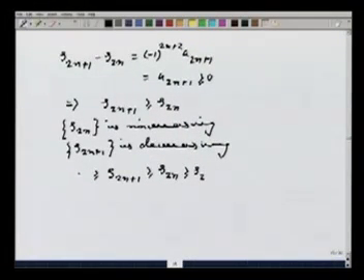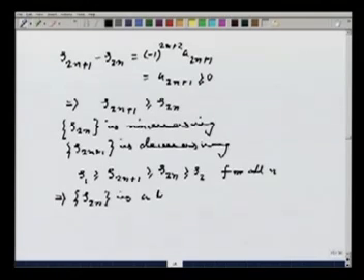On the other hand, if I look at S2n plus 1, that is decreasing. That means all the terms are less than or equal to the first term. So this is less than or equal to the first term, which is S1. And this is true for all n. This implies then that S2n is a bounded increasing sequence.